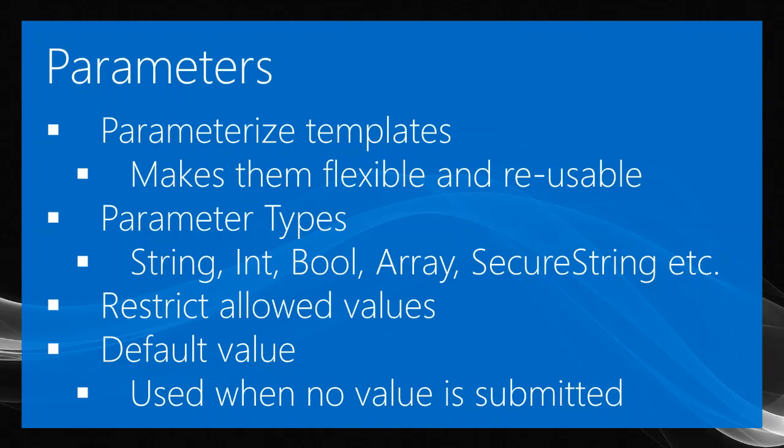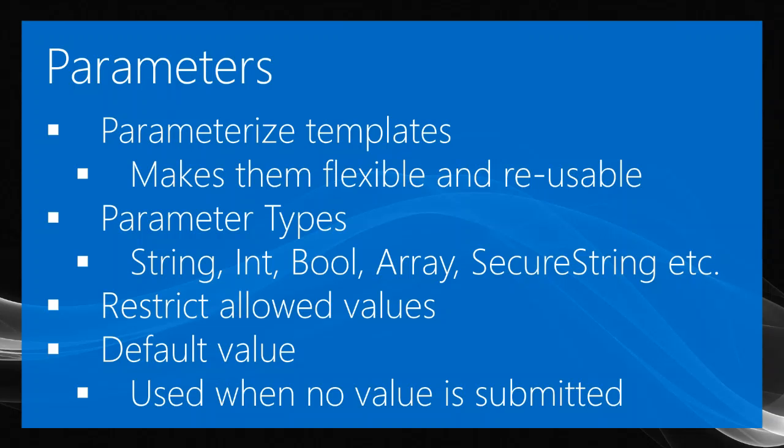So imagine you want to deploy a virtual machine. And now to keep this flexible, for instance, you want to submit the size of the virtual machine as a parameter. This works, but then of course you need to understand exactly what size values Azure actually understands.